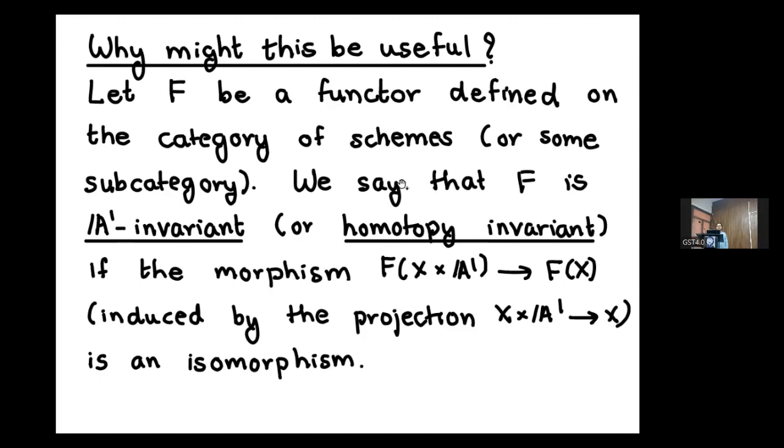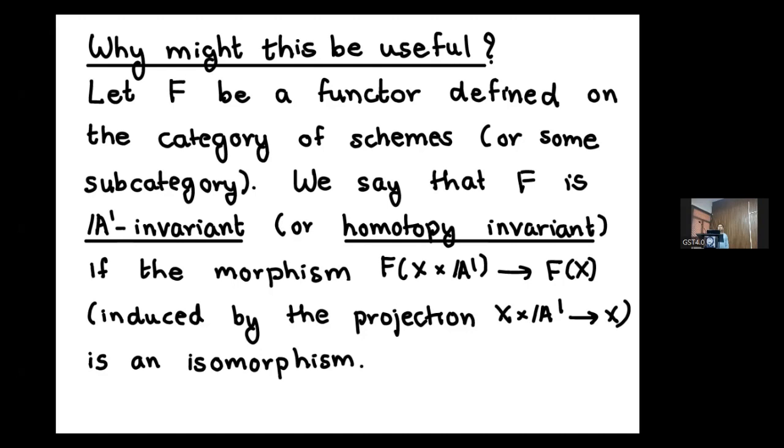Now if F is a functor on the category of schemes, so I don't necessarily need the full category of schemes, then I will say that F is A1 invariant or homotopy invariant if the induced morphism from F of X cross A1 to F of X is an isomorphism. This is a fairly natural way to define this.